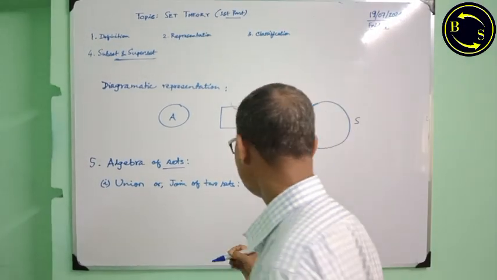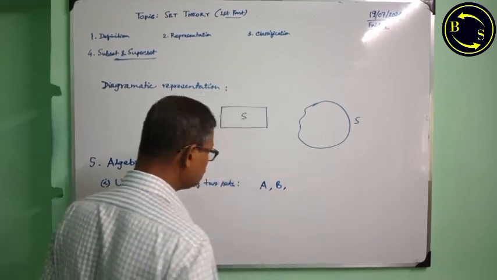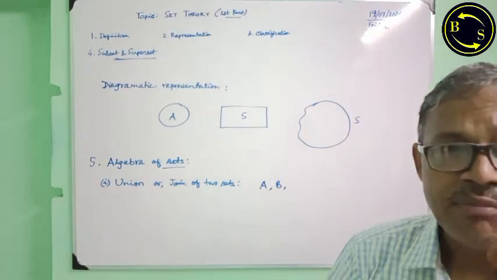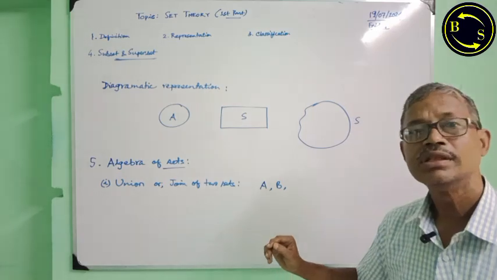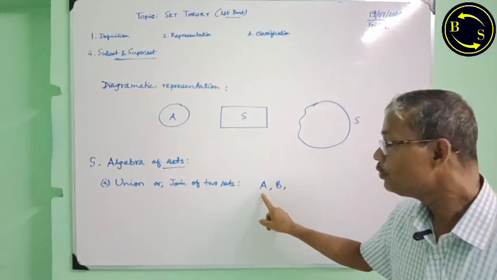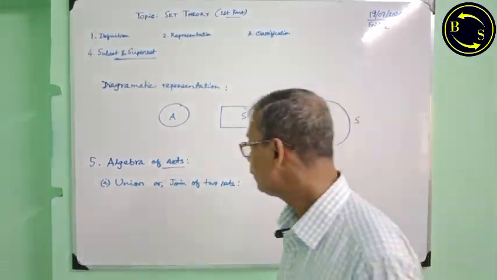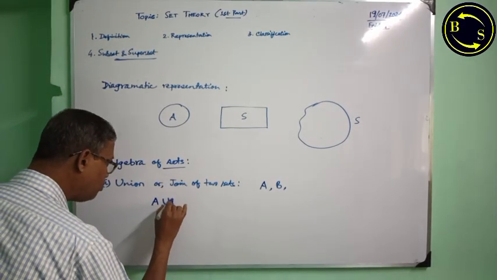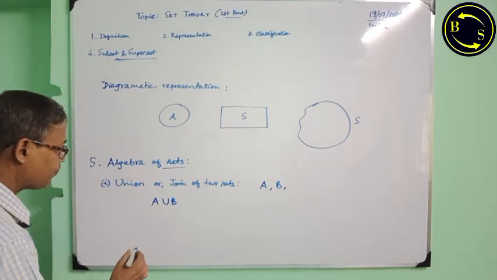We take two sets as A, B. Then we will have a set, say C, which has members which either belong to set A or set B, and that is denoted by the symbol A union B, or A join B.